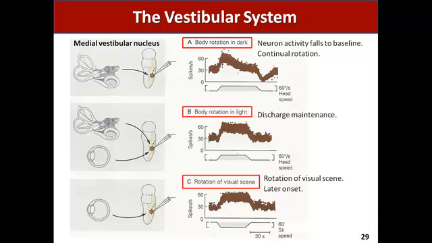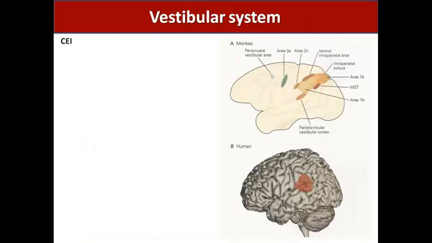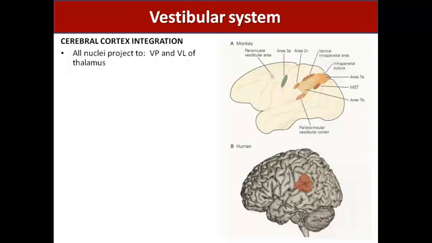So when the vestibular system is activated, it responds much quicker than if we were to rely purely on visual input. In terms of the projections to the cerebral cortex, they all, of course, go through the thalamus, through the ventral posterior and the lateral portions of the thalamus.